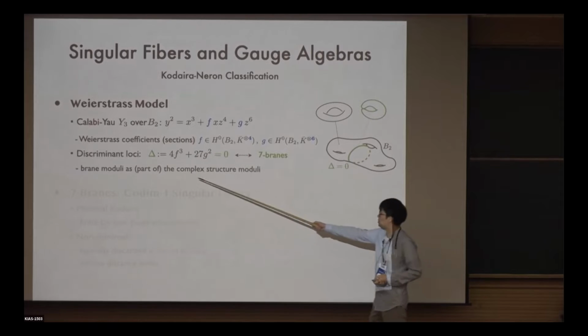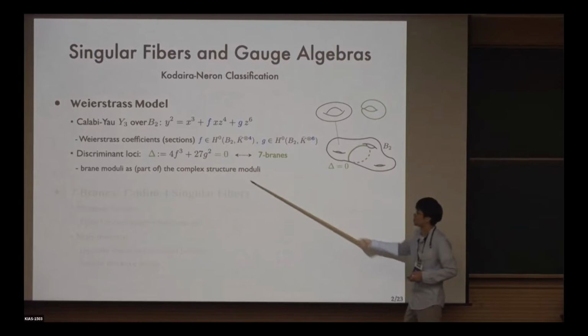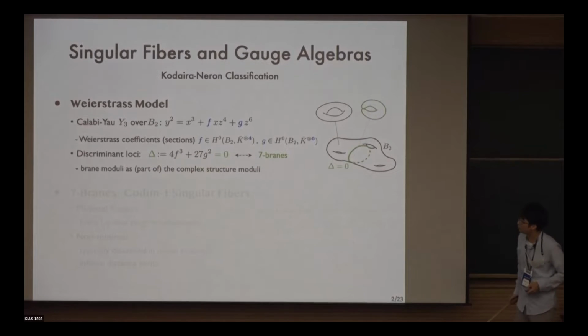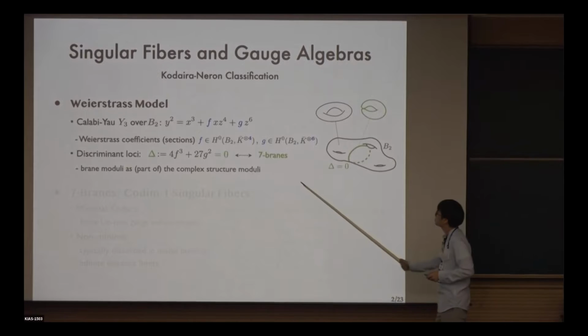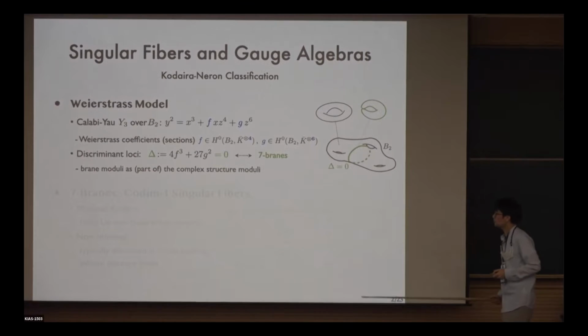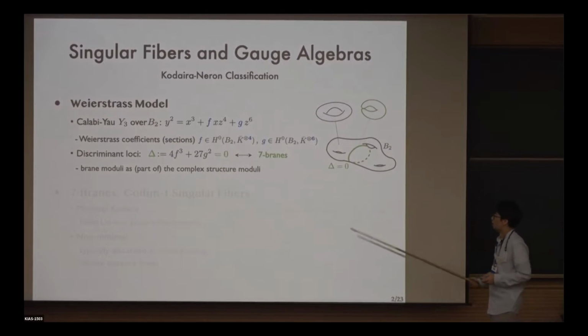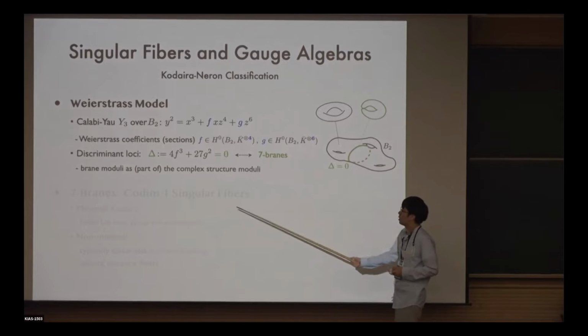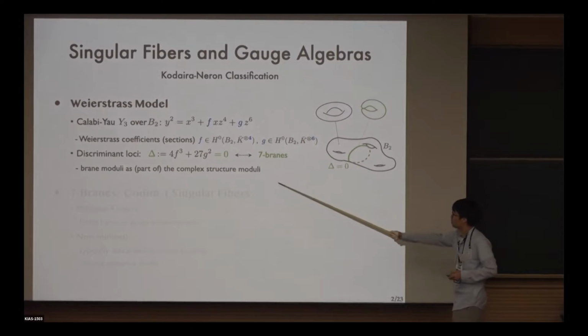Then delta, the discriminant, is defined like this as 4f cubed plus 27g squared, of whose vanishing loci support singular fibers, thereby indicating that 7-branes lie there. So obviously, for this reason, brane moduli can be thought of as part of the complex structure moduli of Y3.